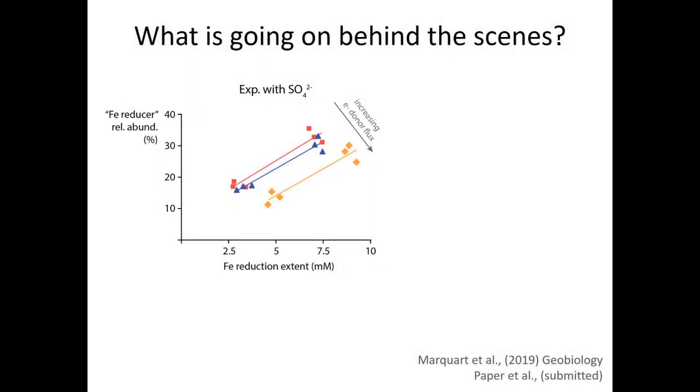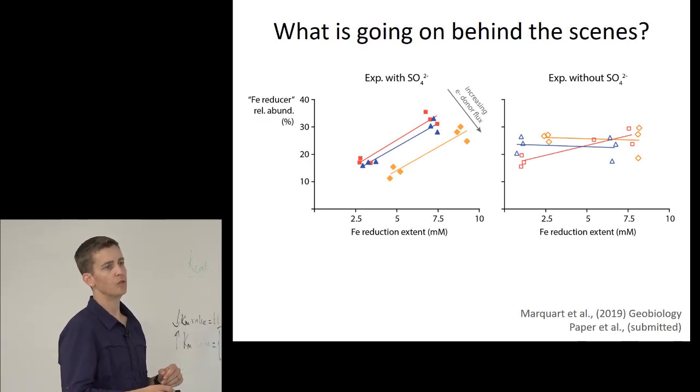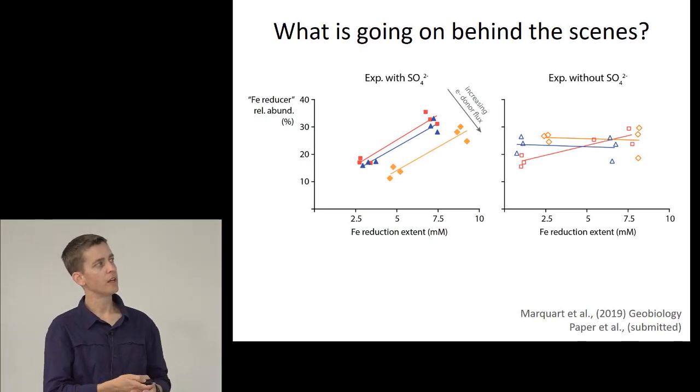And you see, these are just best fit lines. Obviously, it looks pretty good when you have just two ends of data. But the thing is, you see a direct relationship between the amount of iron reduction and the relative abundance of iron reducers in the microbial community in experiments with sulfate. In experiments without sulfate, we do not see that relationship.